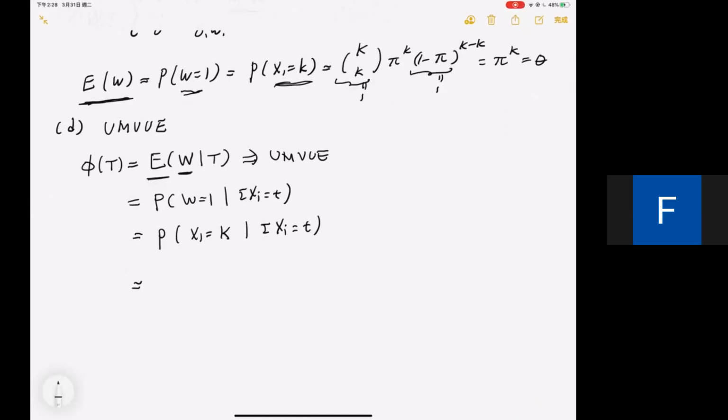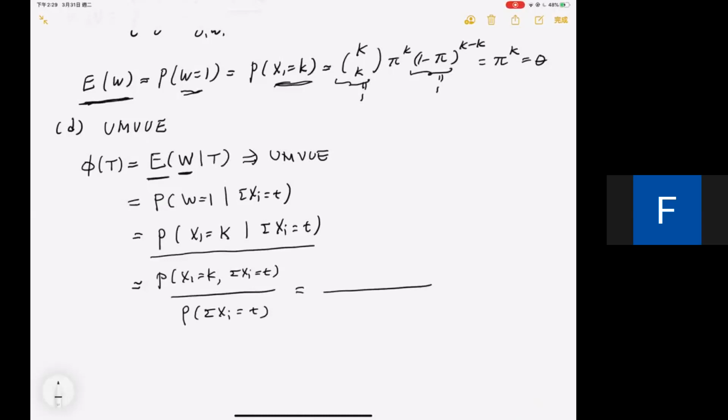The next one is what? Conditional probability. That means nothing but writing down your conditional probability as the joint probability over the marginal probability. Again, Xi is binomial k, pi.